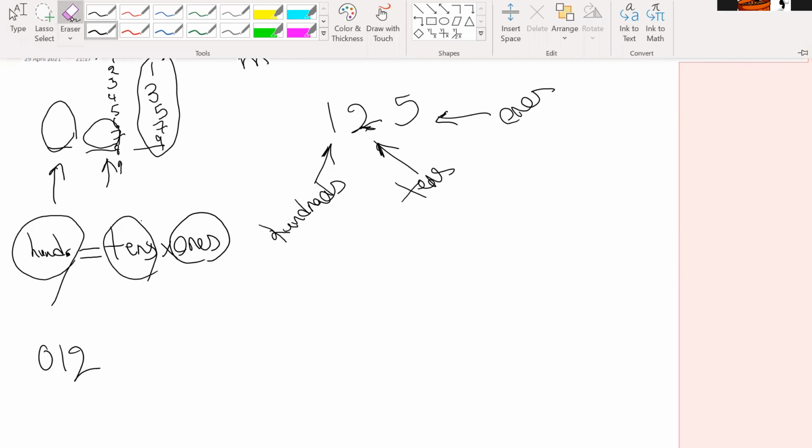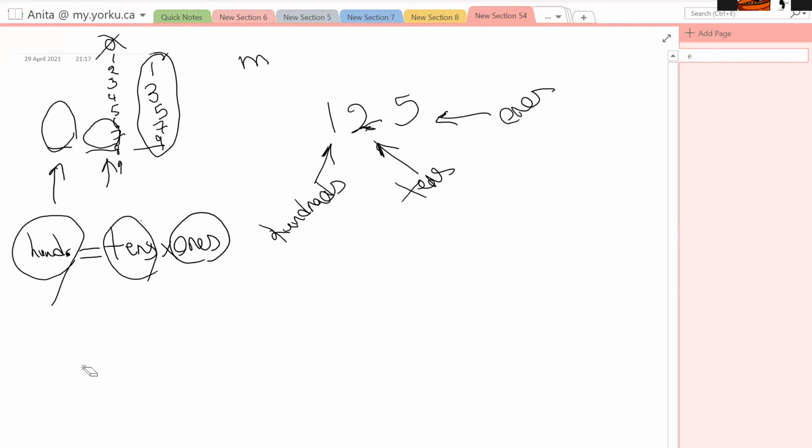It's acceptable because the hundreds digit can only be that. So 1 times 1 becomes 1, right? So the hundreds could be 1.